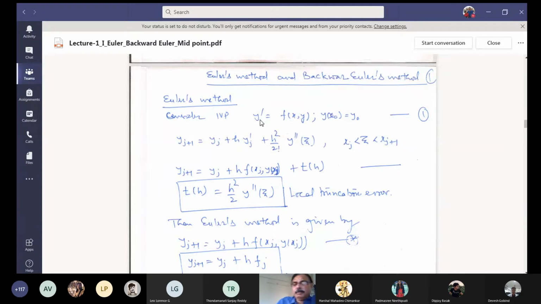Can anybody tell me what the Taylor expansion will be? This is a simple one. Anybody? You told it on the last turn itself.